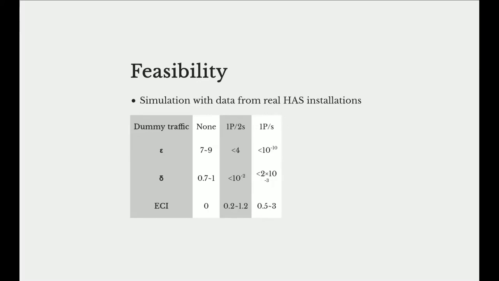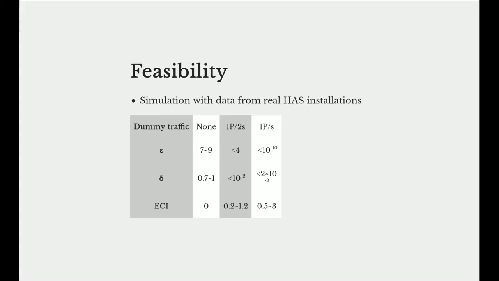We then performed a simulation where we set the parameter of the exponential distribution in a way that approximately 1 packet was sent every 2 seconds. There we could immediately see that the value of epsilon decreased dramatically. It was lower than 4 in this case. And the value of delta decreased even more dramatically, from 0.7 to 1 down to a value of less than 10 to the power of -2, so 0.01, less than that.